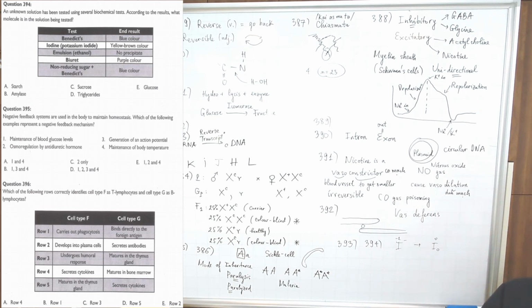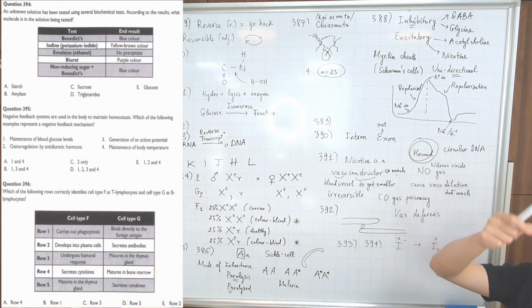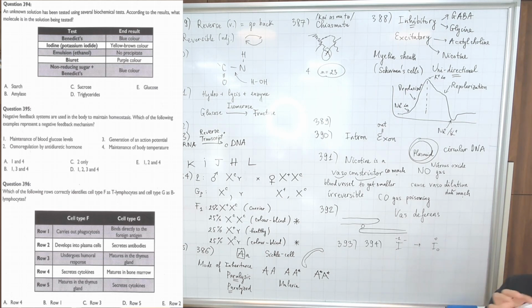Okay, so basically this is a very simple test for starch, okay? Một cái test rất là phổ biến cho cái tinh bột, đó chính là nhỏ cái dung dịch iốt lên thì nó sẽ biến thành màu xanh dương nếu là tinh bột.